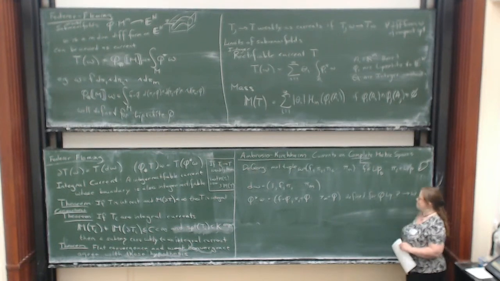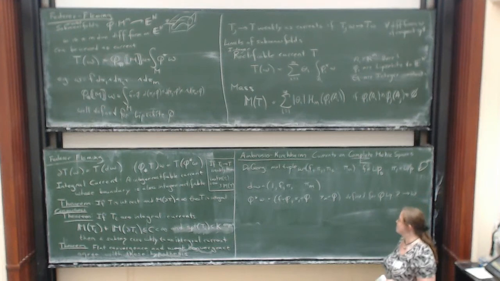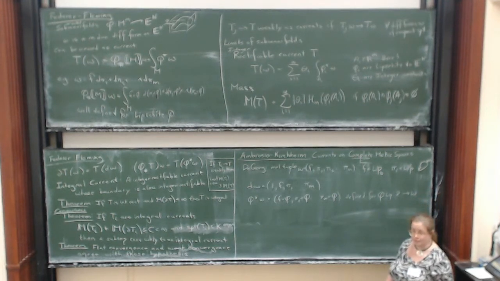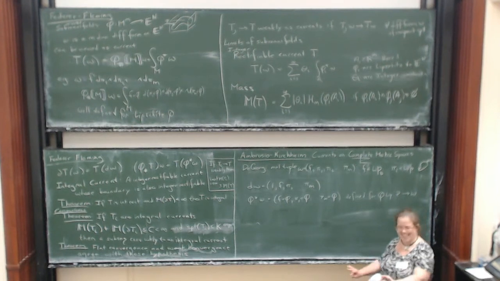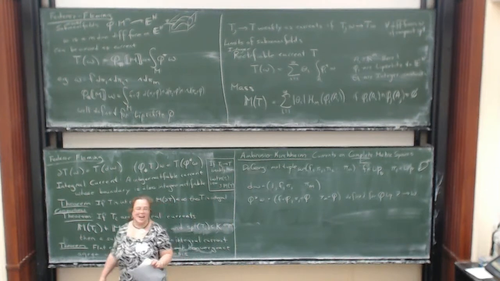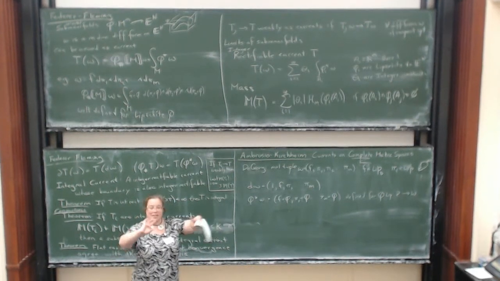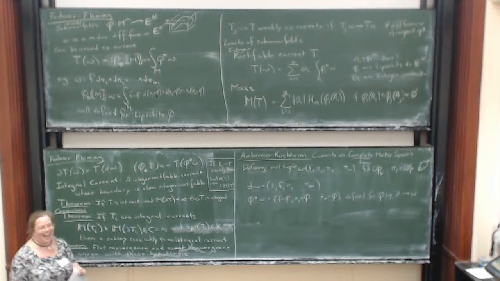Sorry, yeah. Is d squared 0? No, it's not. And they're not alternating either. I'm not taking equivalence classes, and my d squared is not 0. Very good interruption.